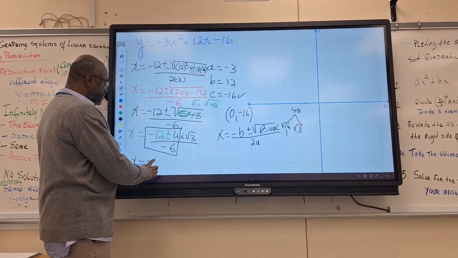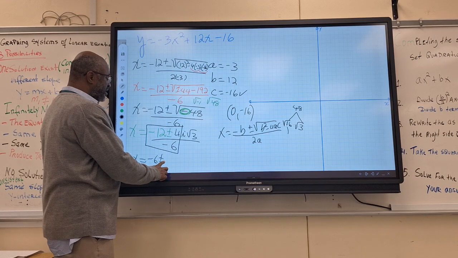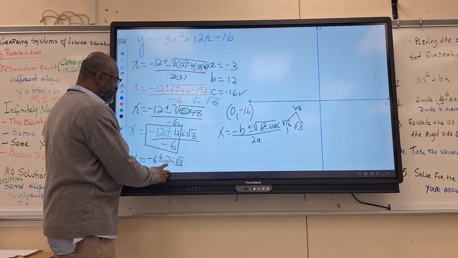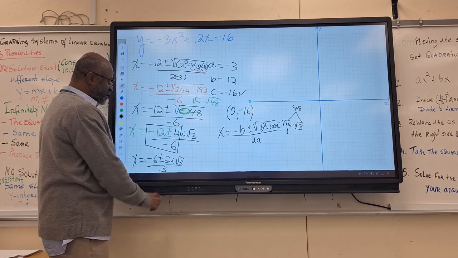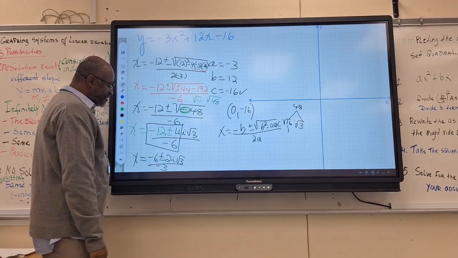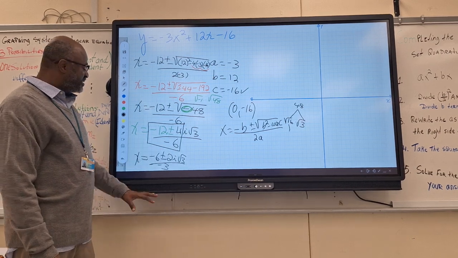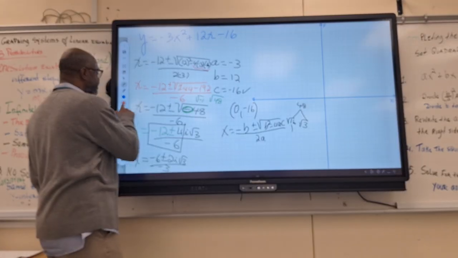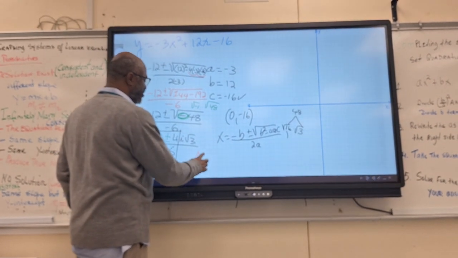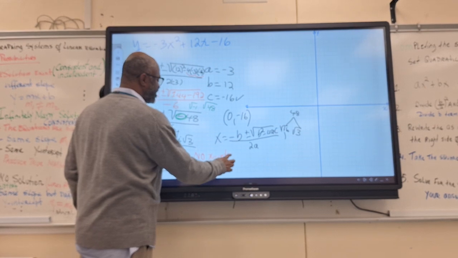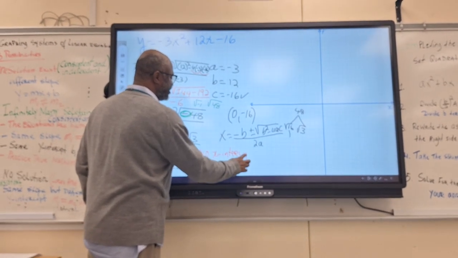This will give you minus 6 plus or minus 2i root of 3, over negative 3. That's the best we can do from there. So this is telling you there will be no x-intercept, none whatsoever, because the radicand is negative.